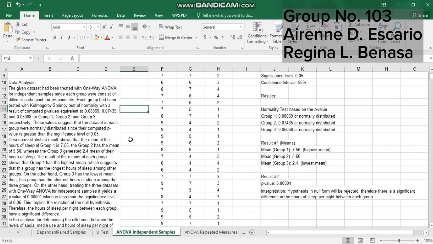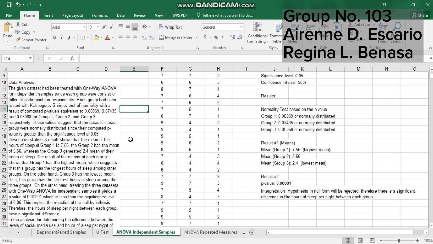Each group had been tested with the Kolmogorov-Smirnov test of normality with computed p-values of 0.08069, 0.07435, and 0.050684 for Group 1, Group 2, and Group 3, respectively. These values suggest that the dataset in each group was normally distributed since the computed p-values are greater than the significance level of 0.05.